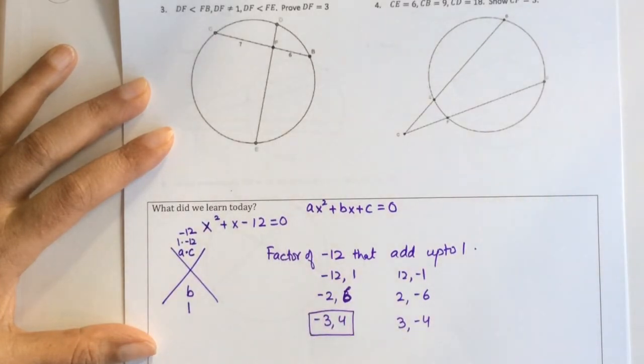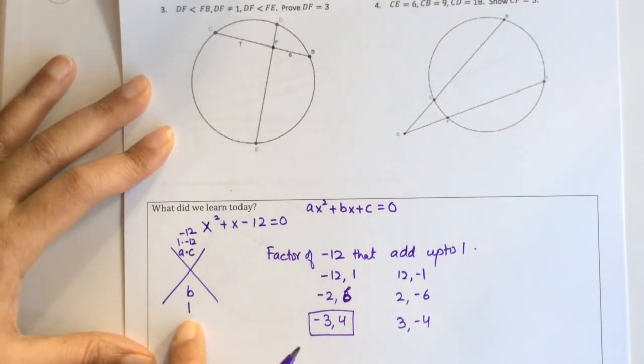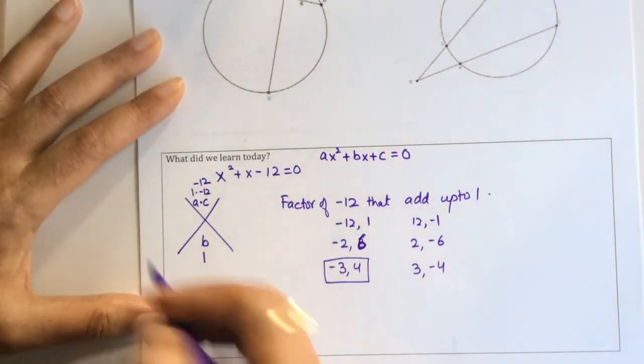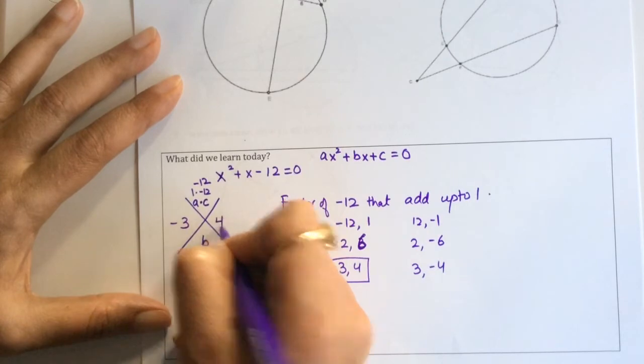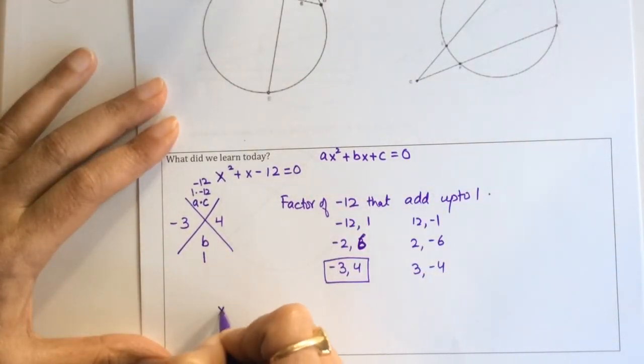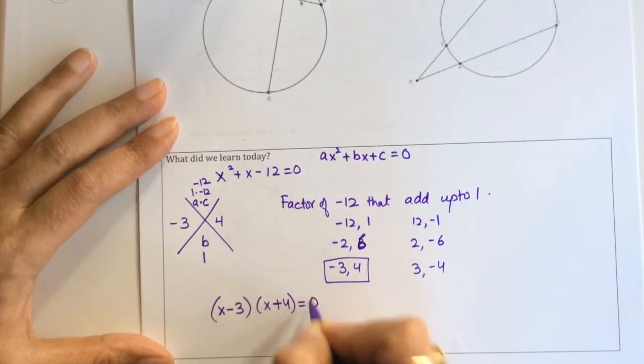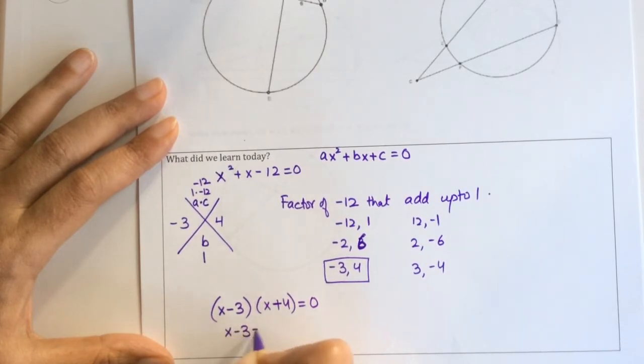This is what will work, because negative 3 plus 4 will indeed give me 1. So I have negative 3 and 4. My factored form will be x minus 3 times x plus 4 equals 0. So either x minus 3 is 0 or x plus 4 is 0. So either x is 3 or x is negative 4.